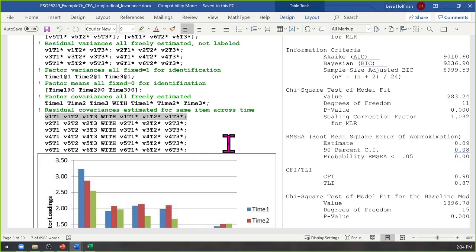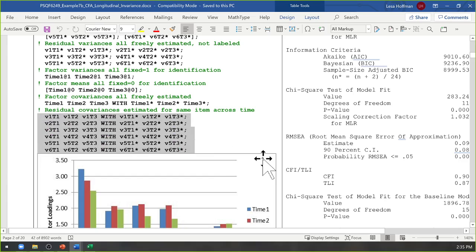So there may be something about item 1, a particular response that you give that has to do with just how item 1 was asked. That makes sense to have a residual covariance for item 1 across time. That there's some other reason why the items are related besides the trait that has to do with whatever it's asking about. So in longitudinal invariance models, people do this by default.